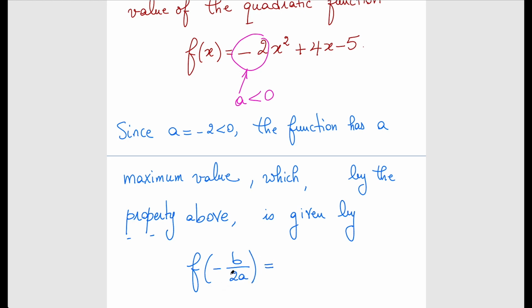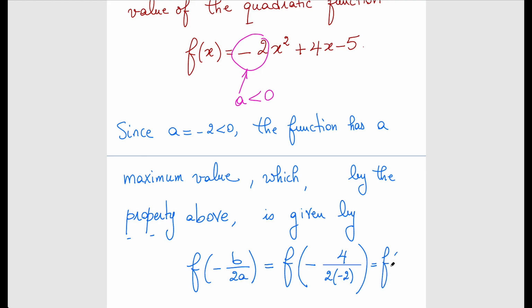So who's a, who's b here? We know what a is, it's -2. And b is 4. So that's going to be f of negative b, which is 4, divided by twice a, so twice the -2. So minus b over 2a, b is 4, a is -2, we get this.